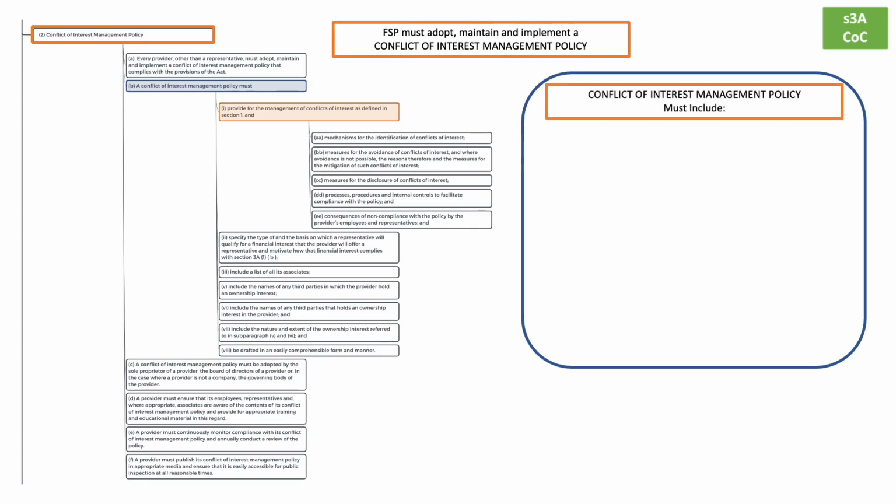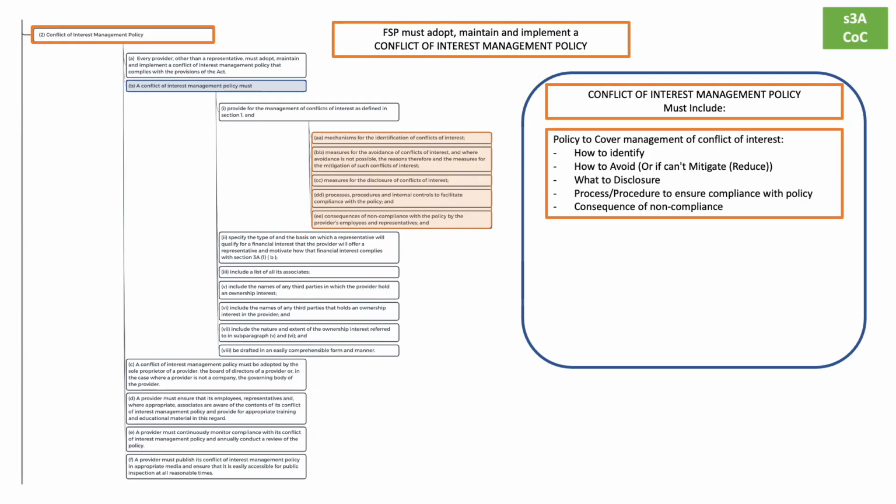The Conflict of Interest Management Policy must include how to identify a conflict of interest, and how to avoid, and if unable to avoid, then reduce a conflict of interest, and what to disclose about the conflict of interest, and what processes and procedures need to be followed to ensure compliance with policy, and the consequence of non-compliance.